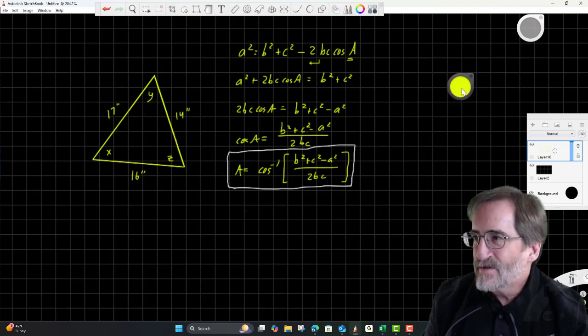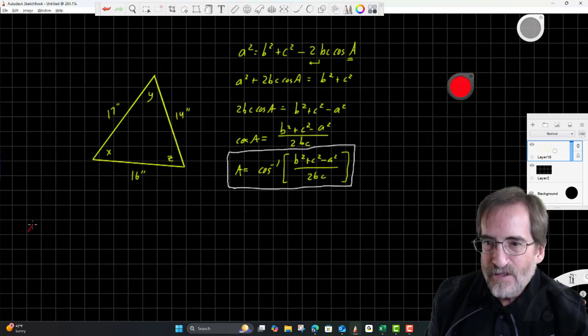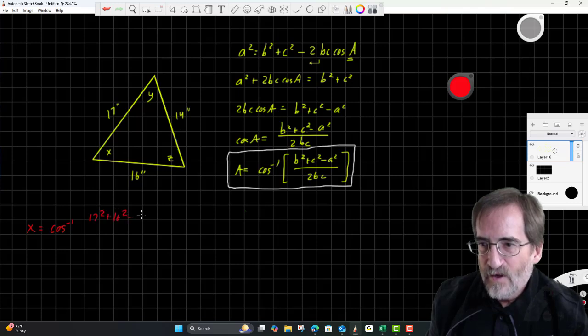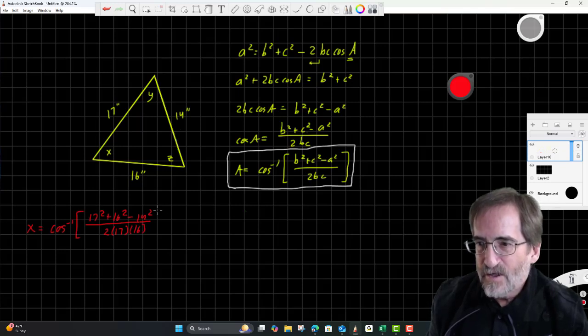So to find x, we're going to set up the law of cosines this way. x equals arc cosine of the adjacent sides squared, 17 squared plus 16 squared, minus the square of the opposite side, 14 squared, all divided by 2 times the product, 17 times 16. Do make sure you've got the things in the right place. It's easy to get these mixed up.